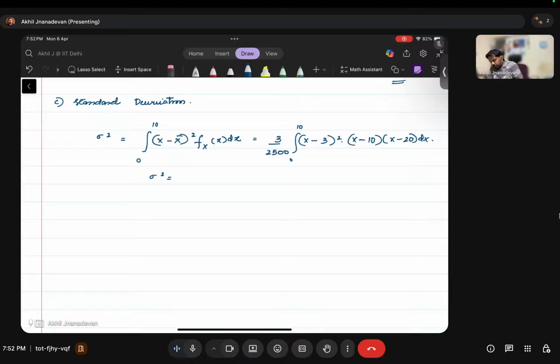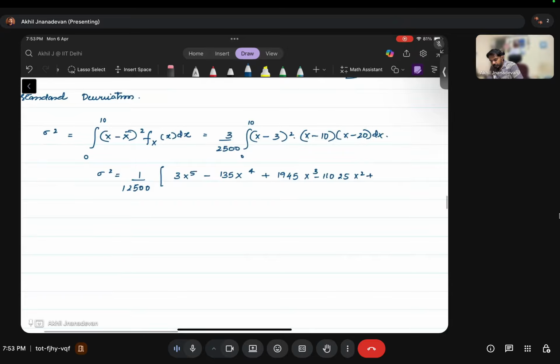When you do the simplification further, after integration, it will be coming around 1 by 12500 into 3x raised to 5 minus 135 x raised to 4, plus 1945 x cube, minus 11025 x square, plus 27,000 x, within the range 0 to 10.